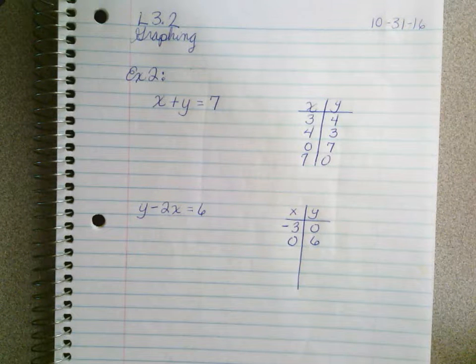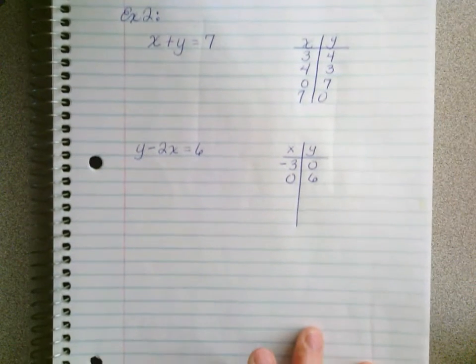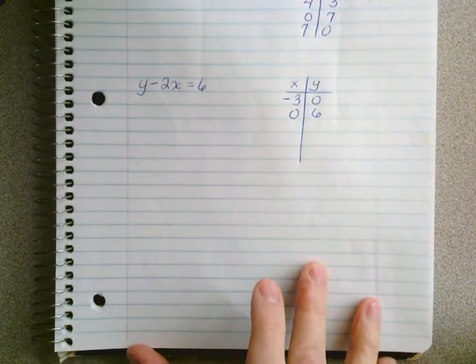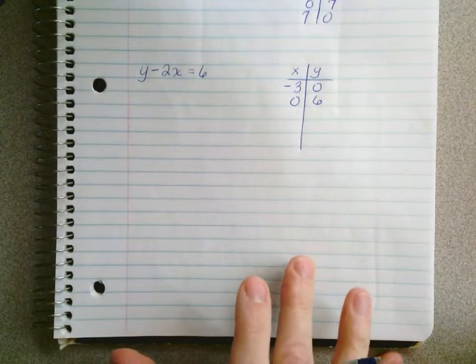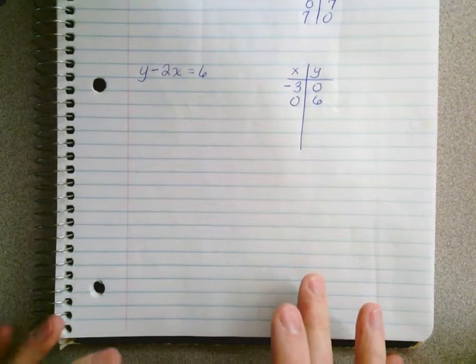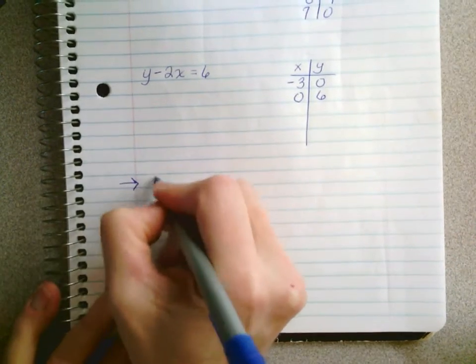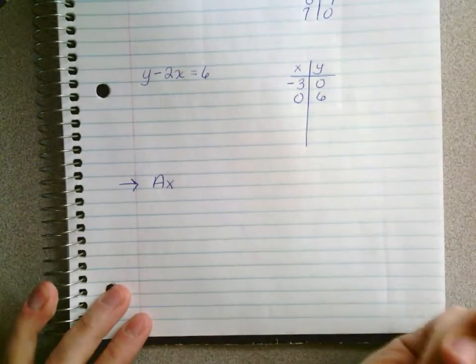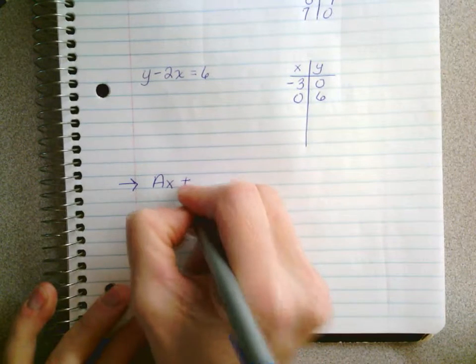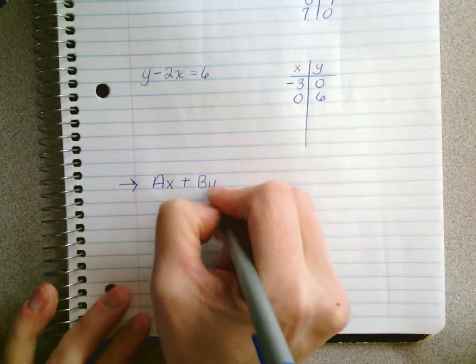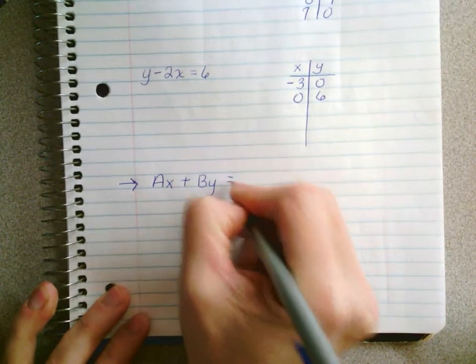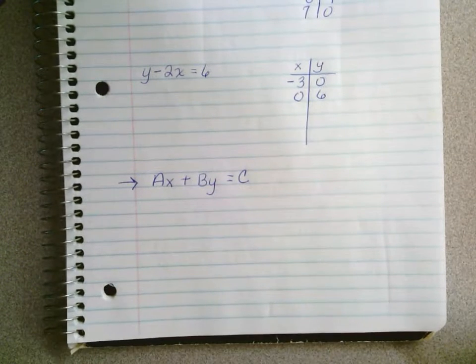Okay. Example 3 continues what we're doing. It's not that much more difficult. But before I introduce that to you, I just want to show you that equations in this form, some number times x, plus or minus some number times y, equals something.